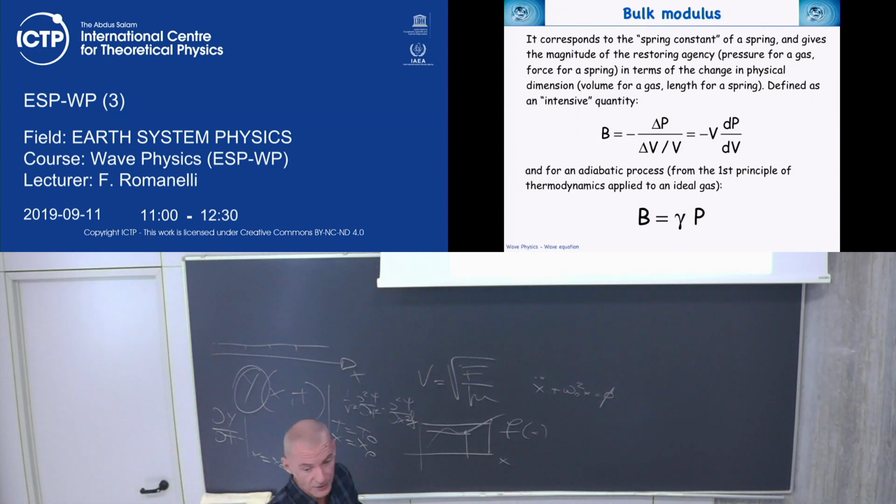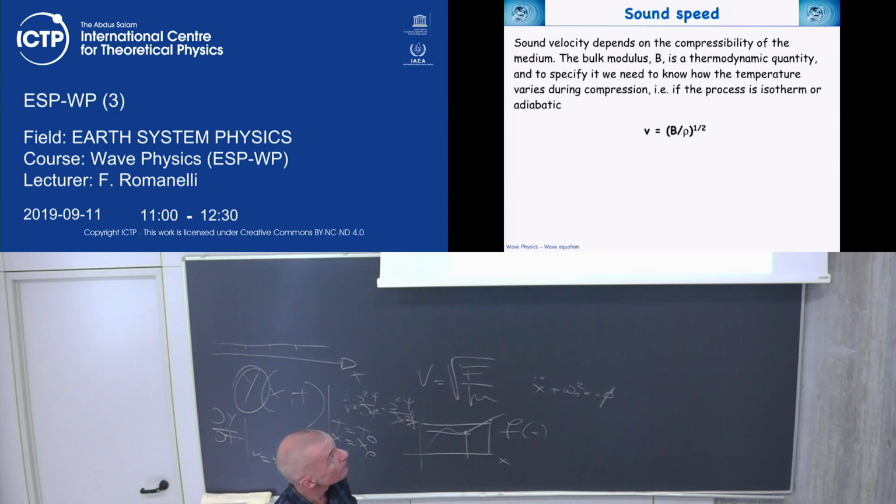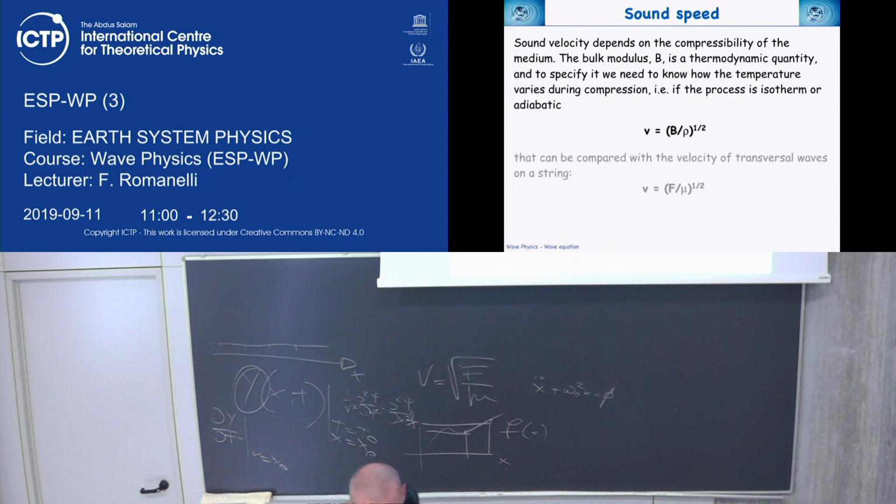But if you give a look to this, the sound wave expression can be written as the square root of something that is similar to Mersenne's law. Now, instead of F, you put B. It's the bulk modulus. Instead of linear density, you put the normal density.